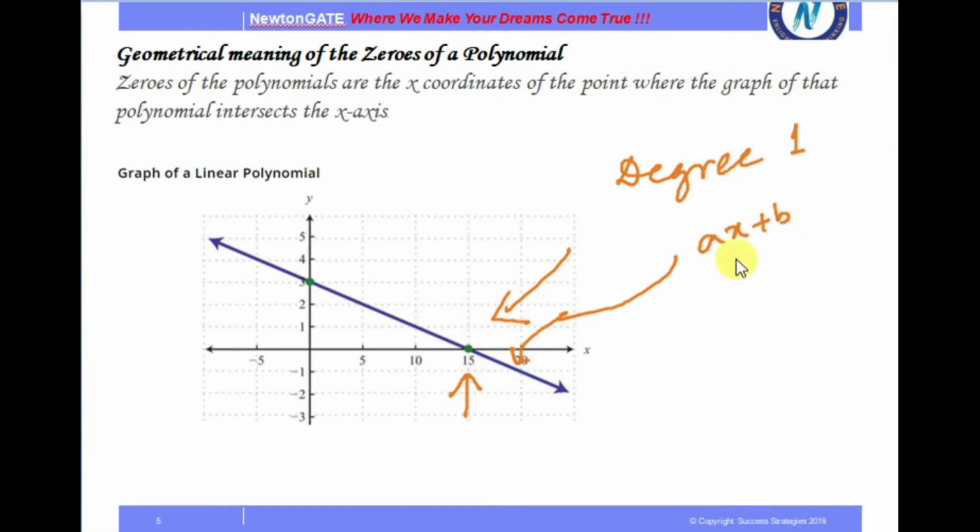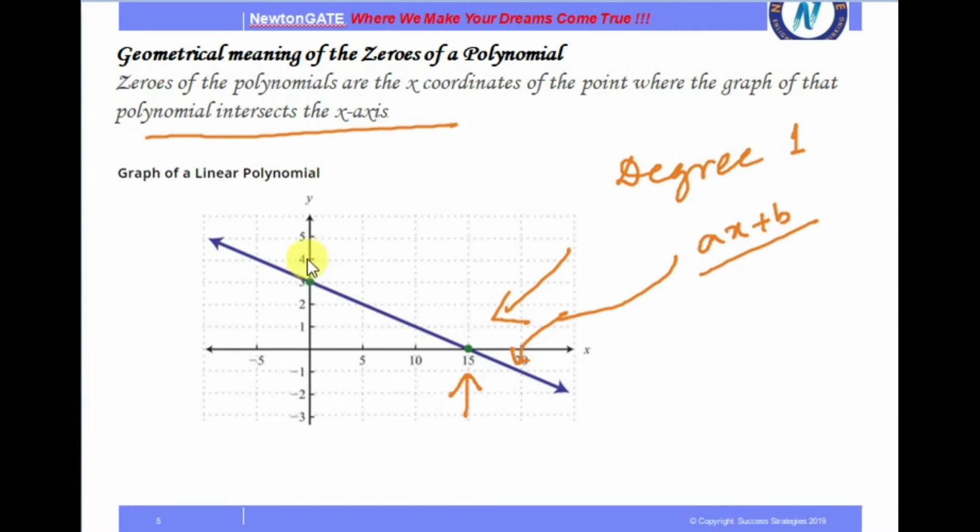drawn. Now the theory said that polynomials with n as the degree will have maximum n number of zeros. In graphical representation also, we say that the number of times the polynomial is intersecting the x-axis is equal to the number of zeros.